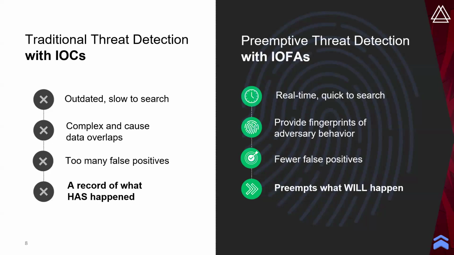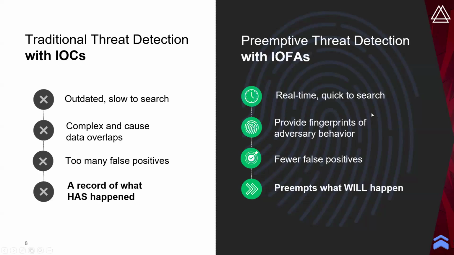While IOCs are critical for forensic analysis and remediation, IOFAs allow organizations to proactively disrupt threats, preventing incidents from occurring in the first place. And it's this shift from reactive to preemptive intelligence that makes these IOFAs really a game changer for an organization.